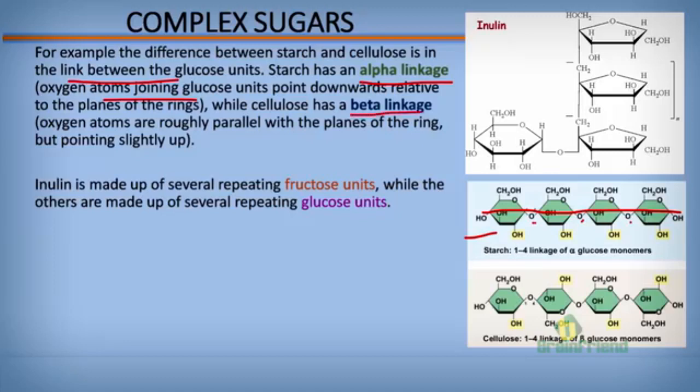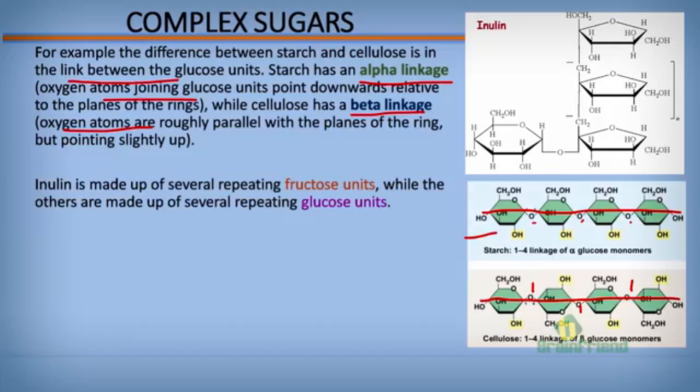But cellulose has a beta linkage. And this means that the oxygen atoms linking the glucose units are roughly parallel to the planes of the ring. Here we have the cellulose molecule, and if we use this to represent the planes of the ring, we can see from here that one oxygen atom is above the plane of the ring, the next oxygen atom is below the plane of the ring, and that is how it keeps going upward and downward.